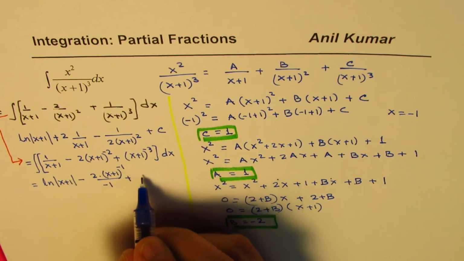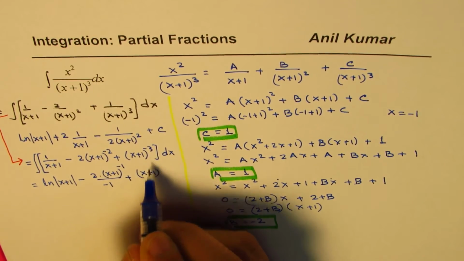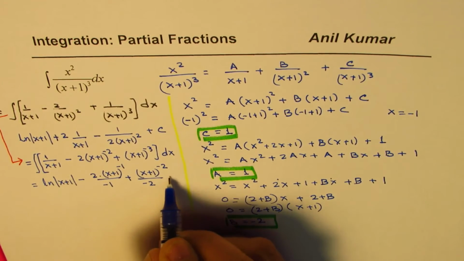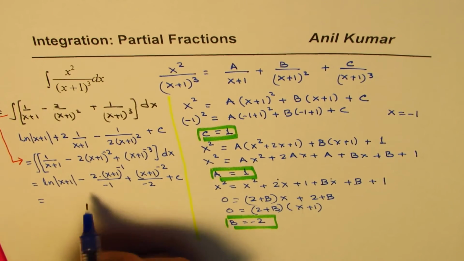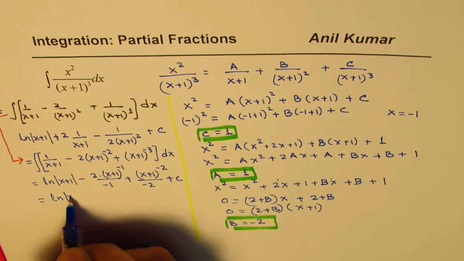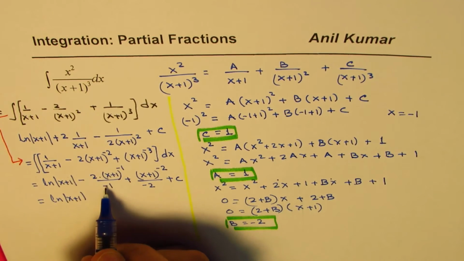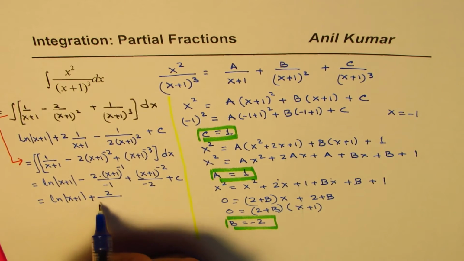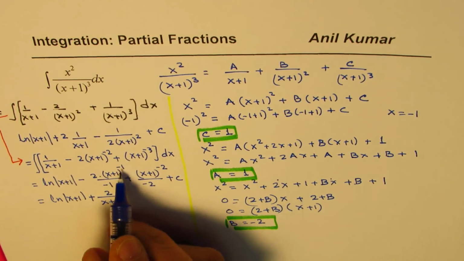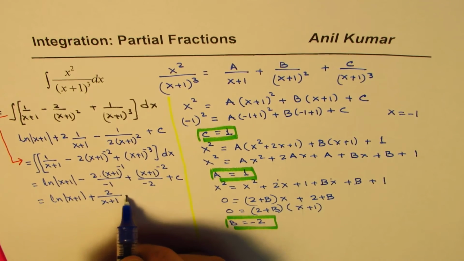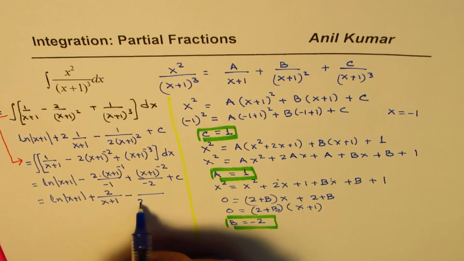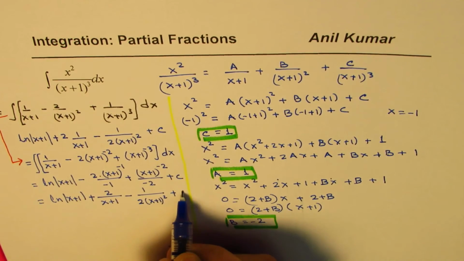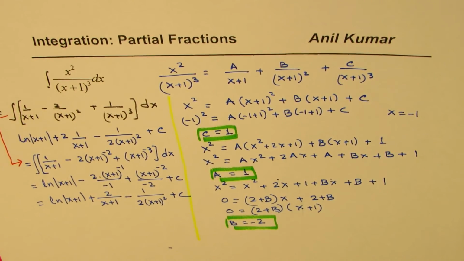Then plus (x plus 1) to the power of minus 3 plus 1, which is minus 2, divided by minus 2, plus C. So you could write this as ln absolute value of x plus 1 plus 2 over (x plus 1), minus 1 over 2(x plus 1) whole square, plus C. That becomes your solution.